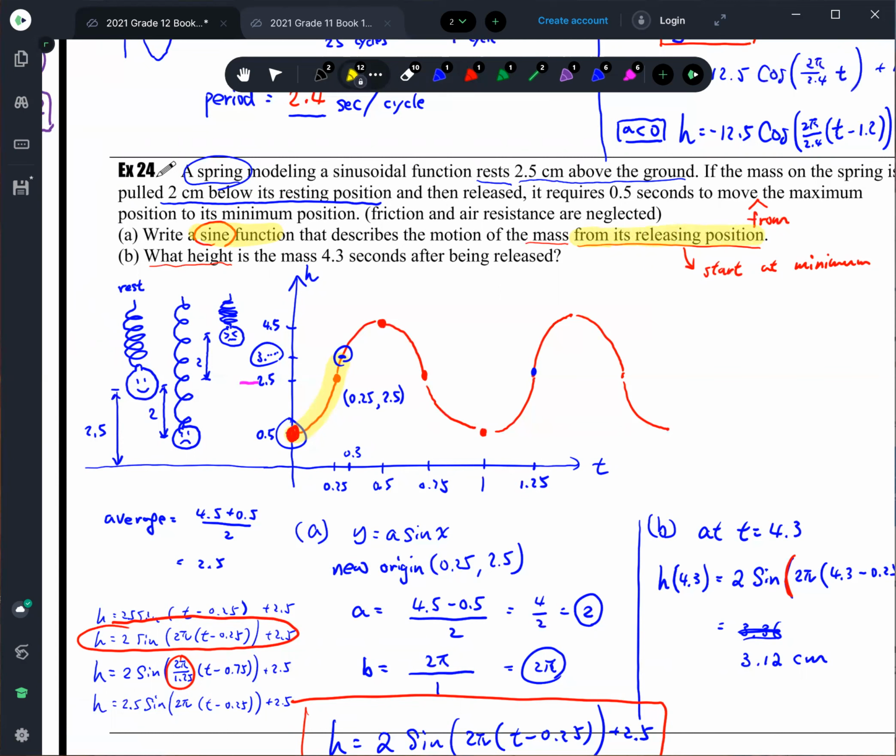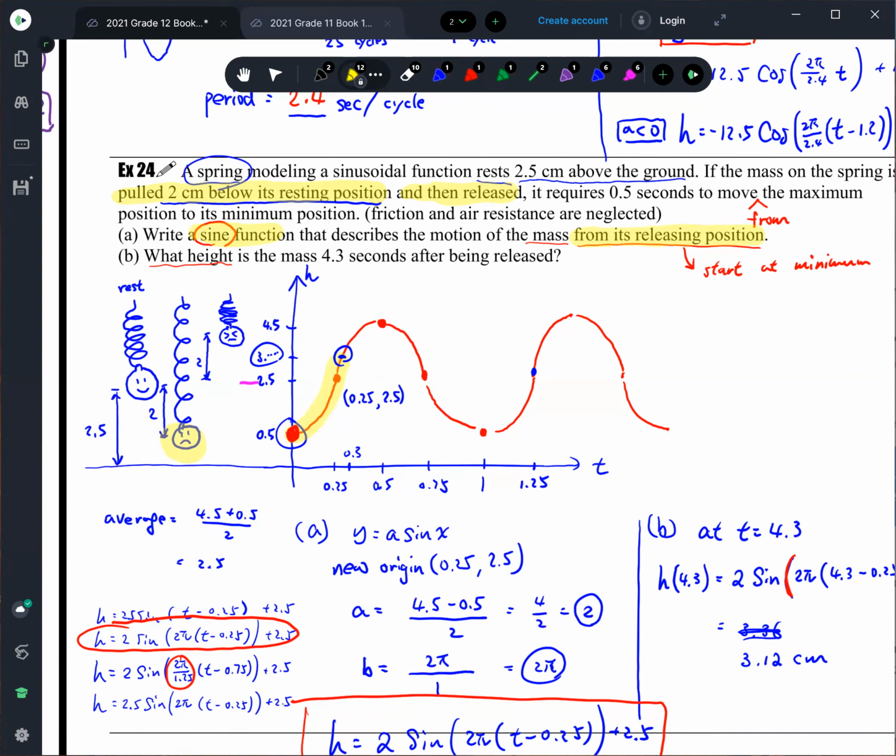Releasing means where you let the mass go. The story tells you to pull it down and then release. You pull 2 centimeters below first and then release, so your releasing position is this place. You see the happy face? That's why my first point is over there.